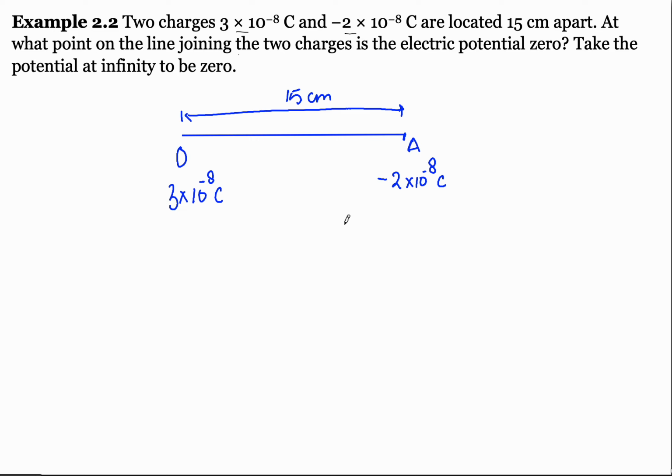Now we have to find at what point the electric potential is 0.